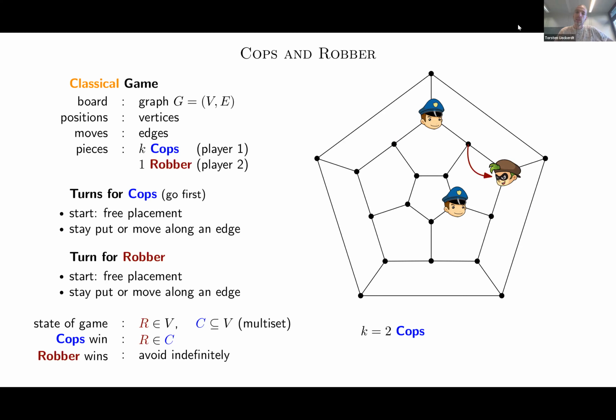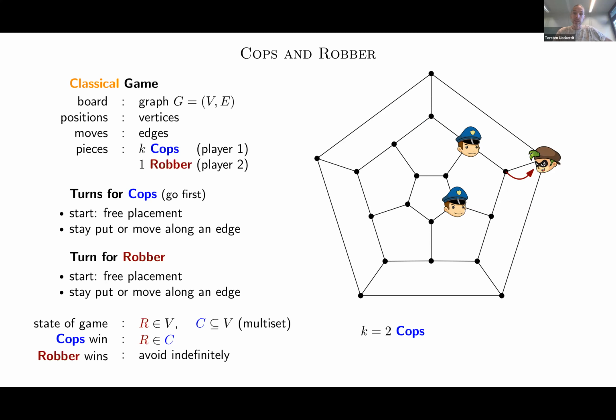Now the cops maybe do a little bit of a different thing. Maybe this guy follows him, and this guy just stays there. He's still guarding this vertex, so the robber cannot move onto this vertex if he wants to avoid being captured. But in this case, the robber still has one safe way to go, namely there.